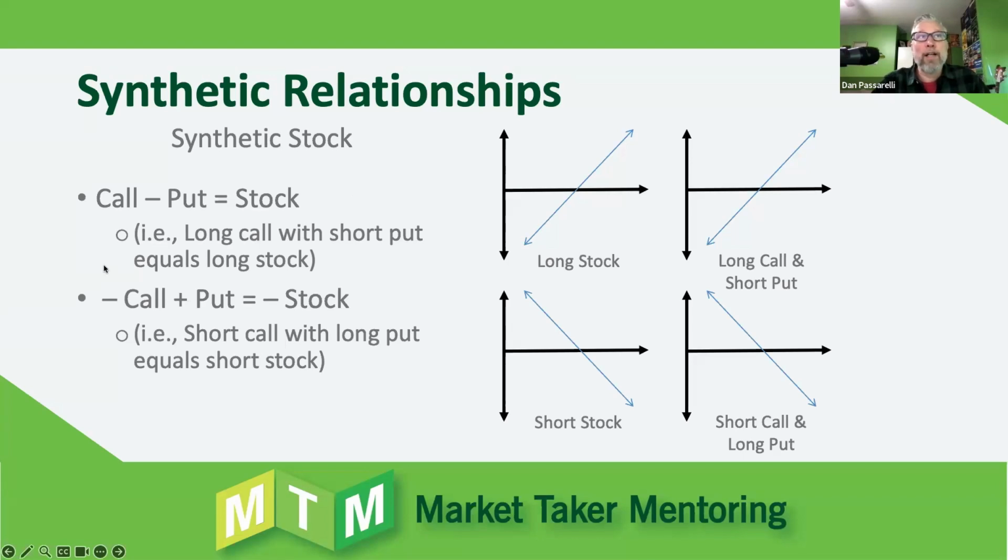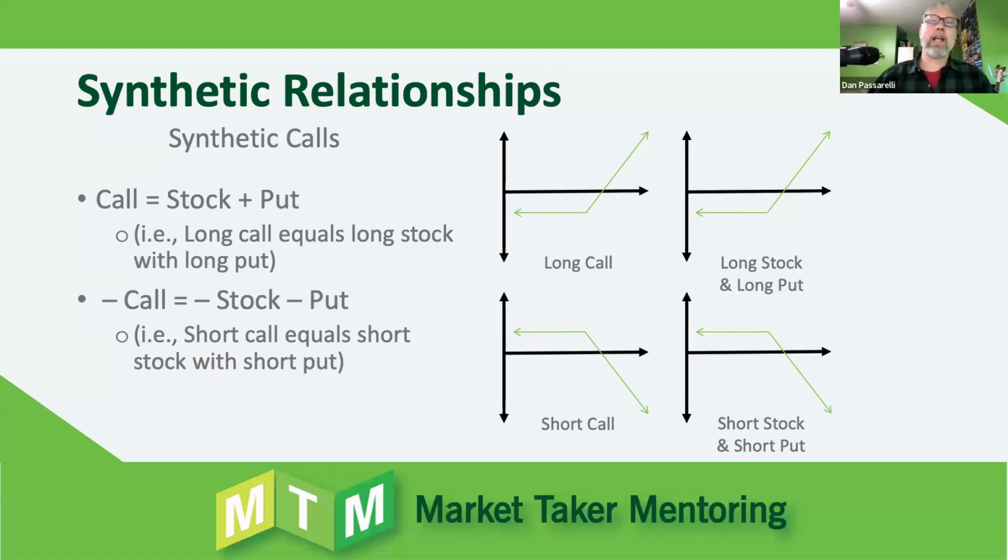And that works if I just algebraically multiply both sides times -1, which basically means the stuff I was long, I short, and the stuff I was short, I long. So sell a call and buy a put equals short stock. And this is shorting stock. Every tick it goes below 100, I make a tick. Every tick it goes above 100, I lose a tick. Well, it's the same thing if I short a call and long a put.